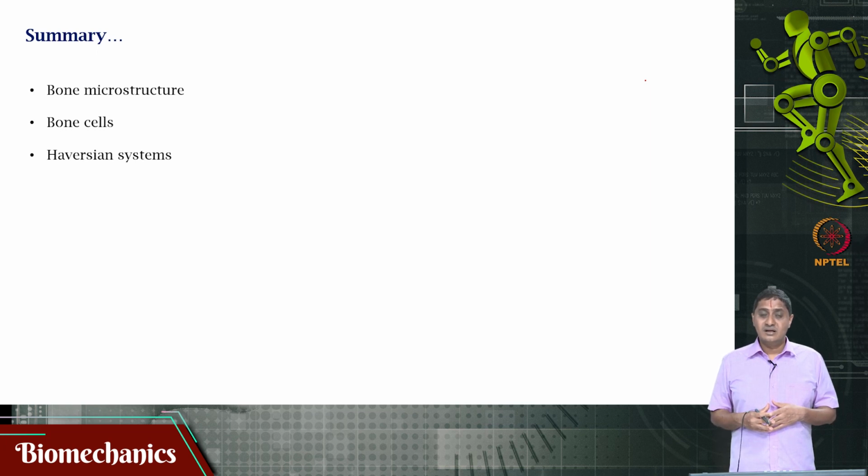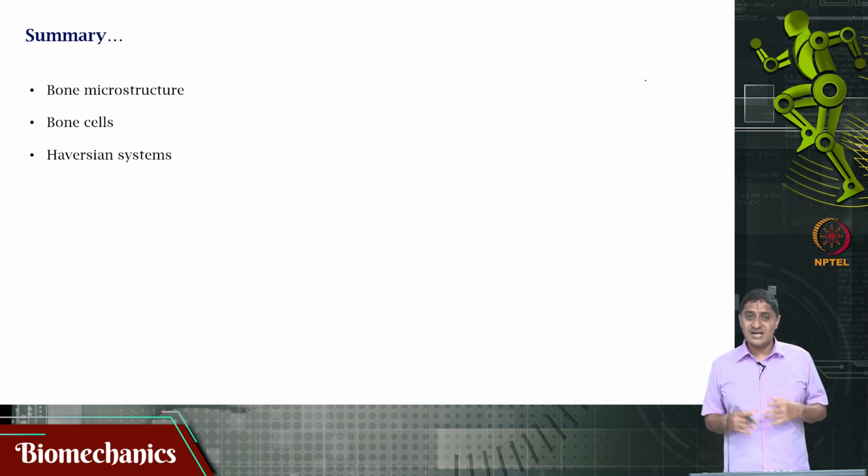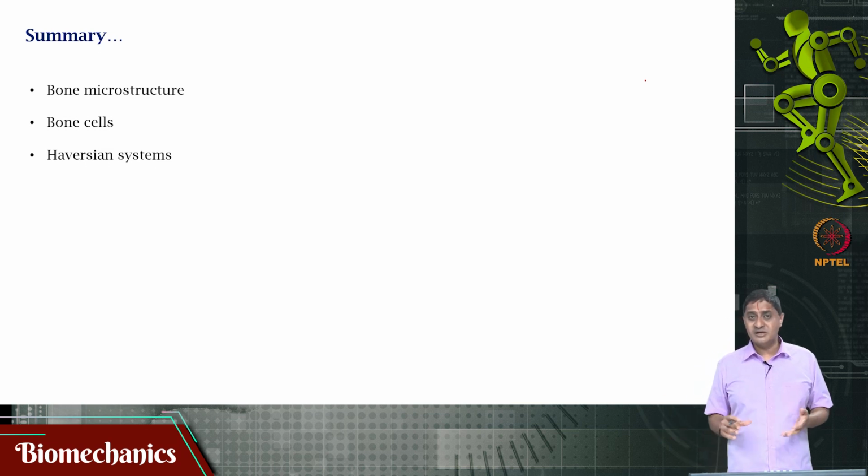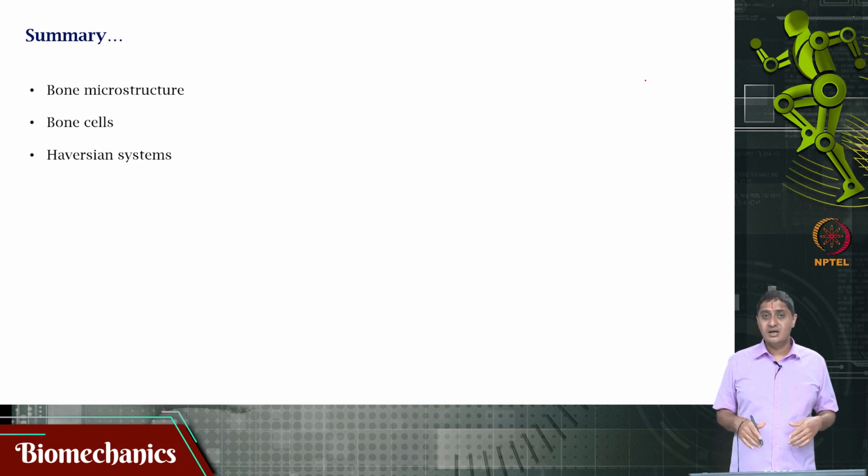Osteoprogenitor cells are the stem cells from which osteoblasts and osteocytes develop. And then osteoclasts have a special stem cell from which they grow, and their job is to digest, reabsorb and destroy unused or old bone cells. We also saw the Haversian system, the canal that communicates with the osteocytes that surround it.